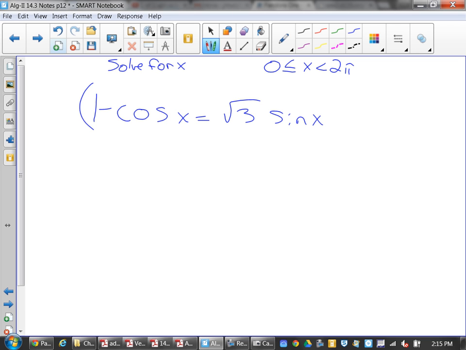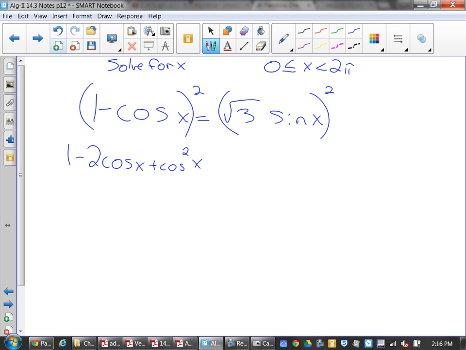Square both sides. So now, on the left side of the equation, we have 1 minus cosine quantity squared. Means I have the quantity times itself. I have to FOIL it out. Okay with that? So you have 1 minus 2 times the cosine x plus cosine squared of x. Straight FOIL.